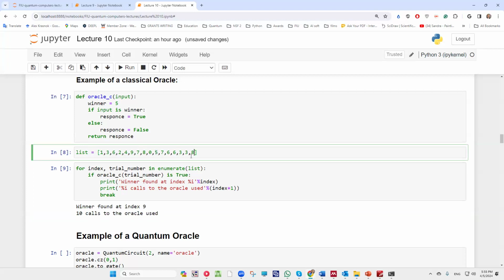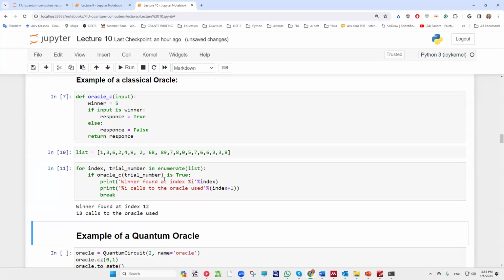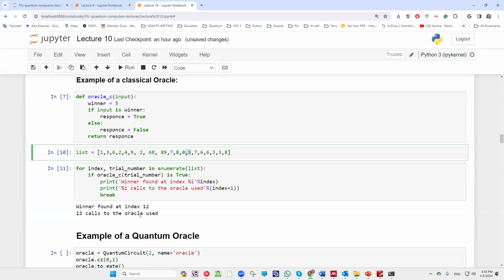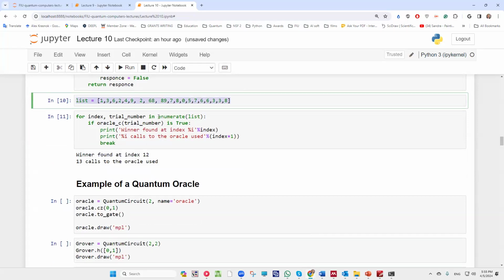Now you can, of course, add more elements to the list. It can be words, it can be whatever. Still, the oracle will check all these elements one by one. So it's a blind search or brute force search, and it finally found this winner, but for a large list it would require a lot of time to find the element.